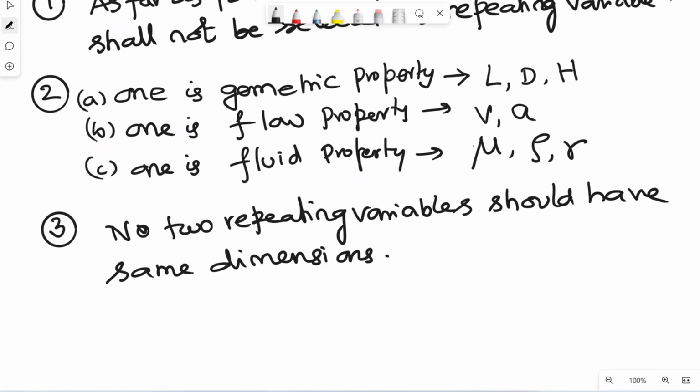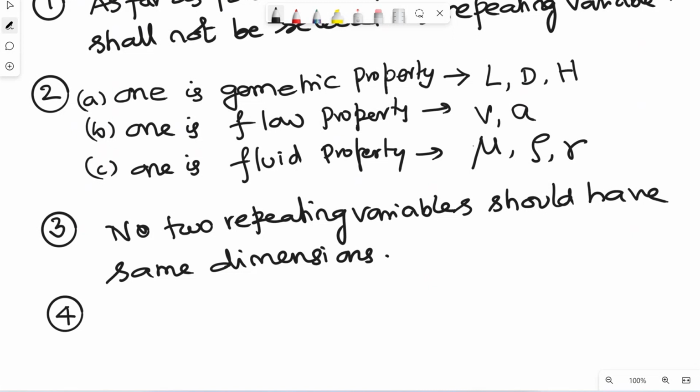Or you cannot take D and H as two repeating variables. Out of L, D, H, only one you should select. Similarly, you cannot take acceleration and acceleration due to gravity, because both dimensions are the same. You cannot take any two variables in such a way that their dimensions are the same. So that is the next condition that you should remember.